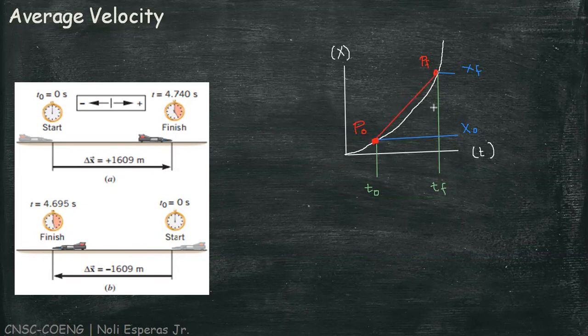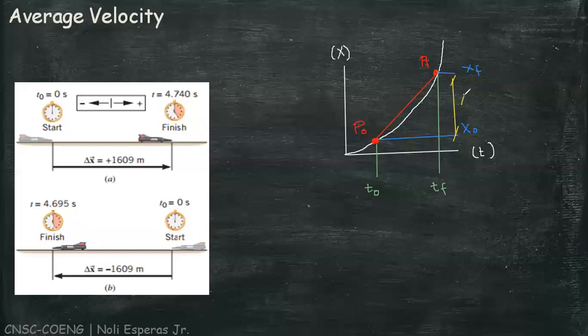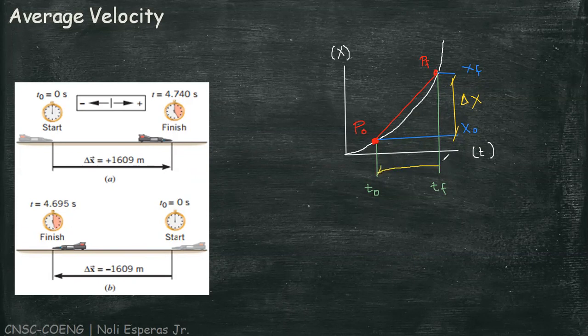So you can see here that we have formed a right triangle where the two legs represent the change in position, so here is the change in position, and the change in time.